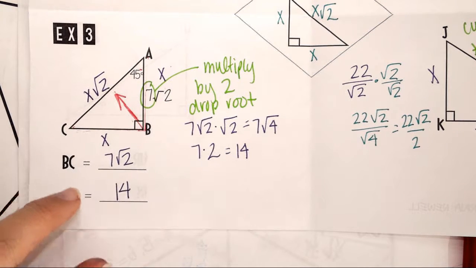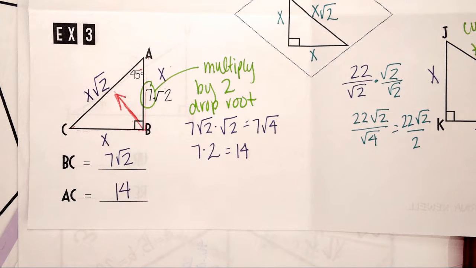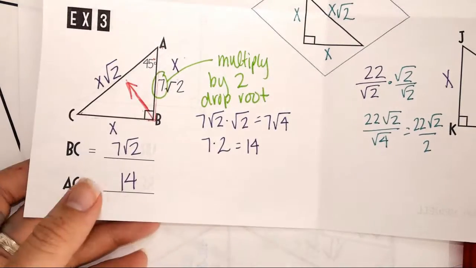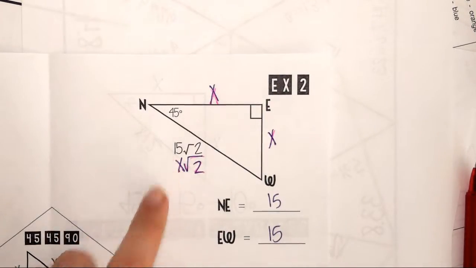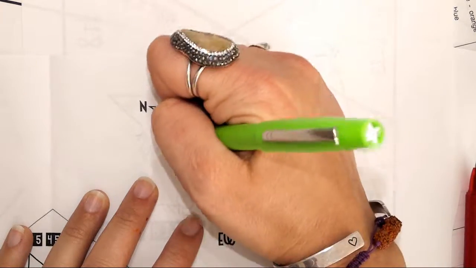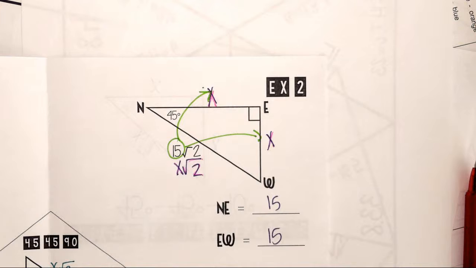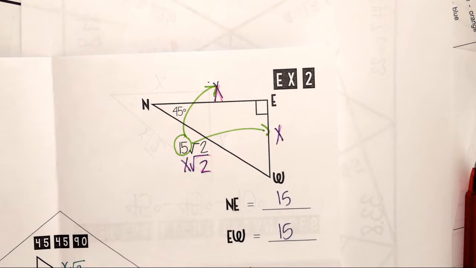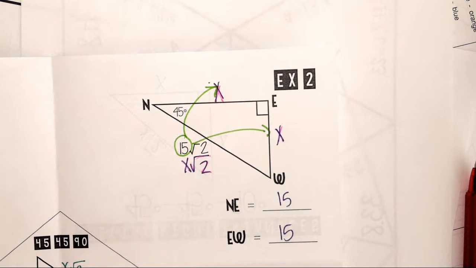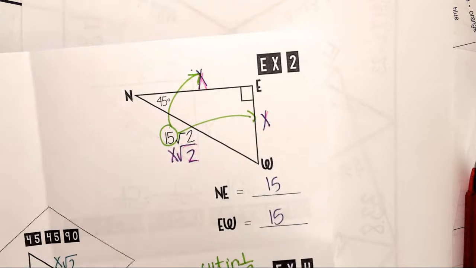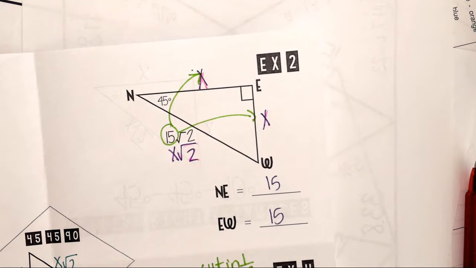Are we ready to look at example 2, or do we need a moment? Oh, yeah. All right, what did we do on example 2? We just took off the root. This is helpful. I do try to do things that are helpful.